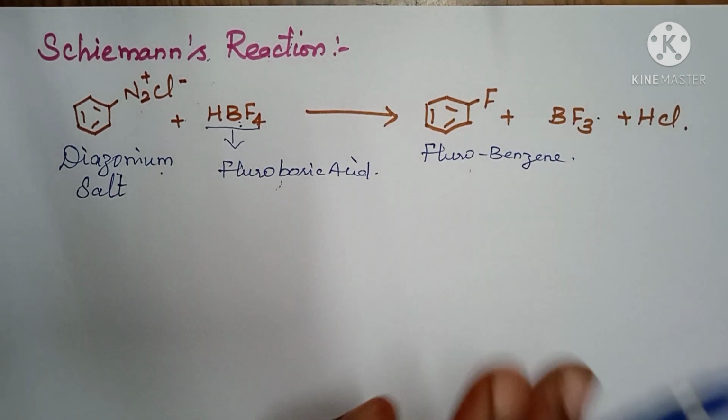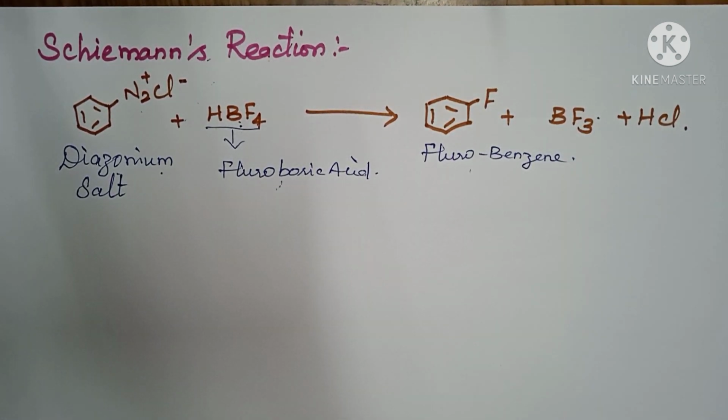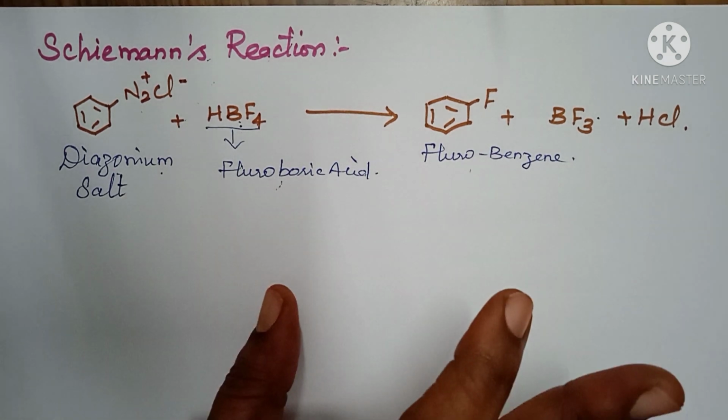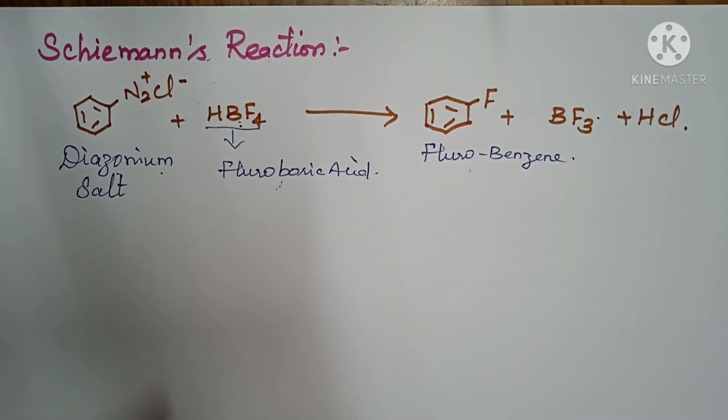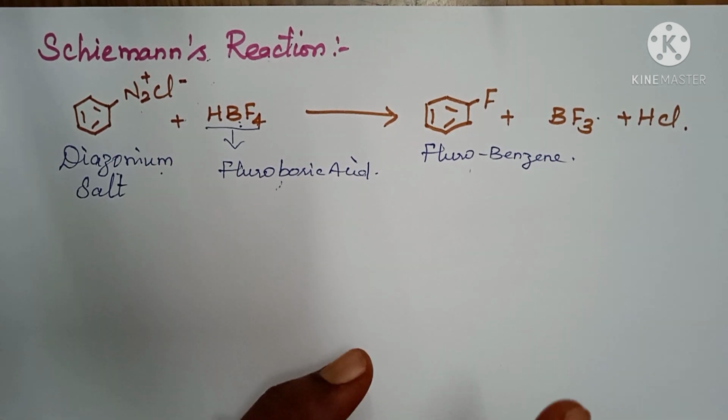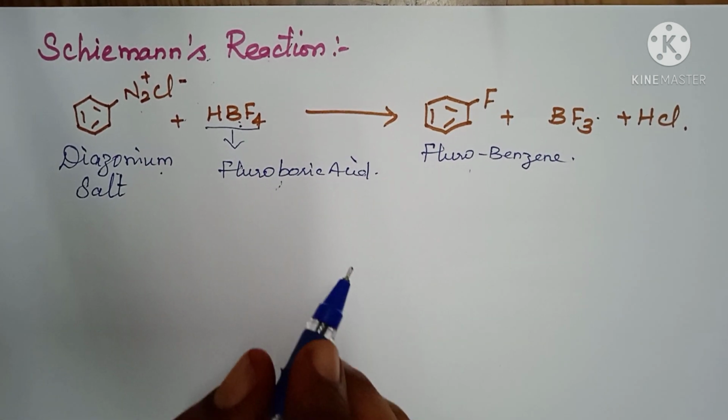So all these three points, Schiemann's reaction, Gattermann's reaction and Sandmeyer's reaction, come under removal of the diazo group. Remember that all three naming reactions come under the removal of the diazo group. Remember this point.